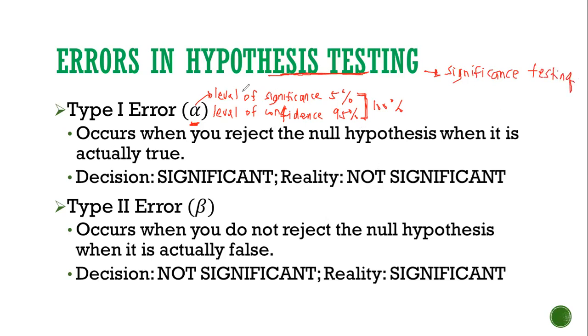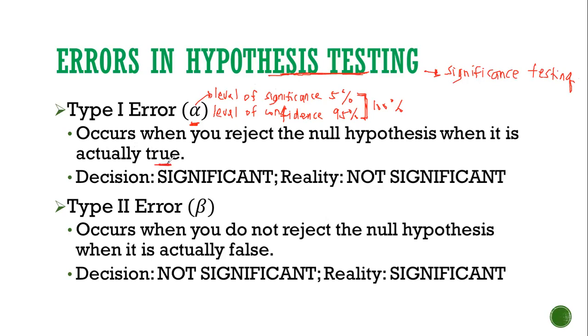Okay. Kasi nga, laging merong level of significance na kasama dito sa hypothesis testing na yan. Hindi mawala-wala yan. Okay? So balikan natin, type 1 error or your alpha, your level of significance. Okay? Occurs when you reject the null hypothesis when it is actually true.